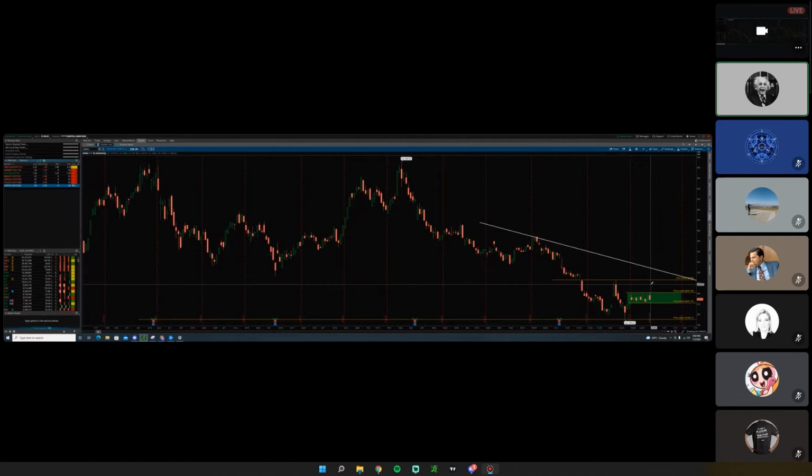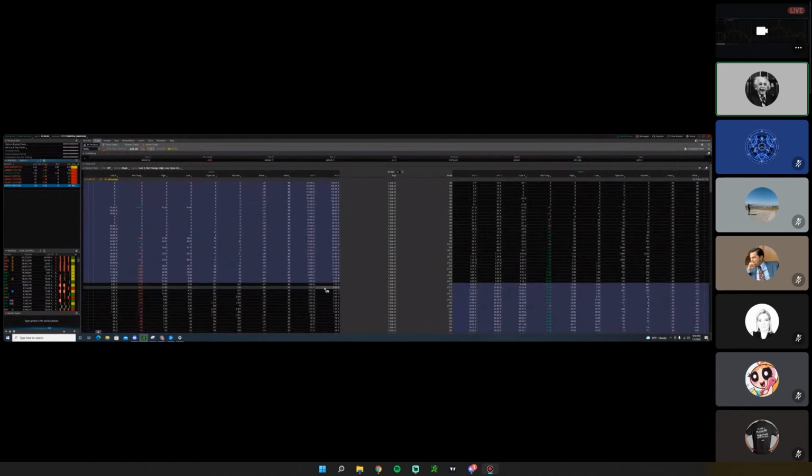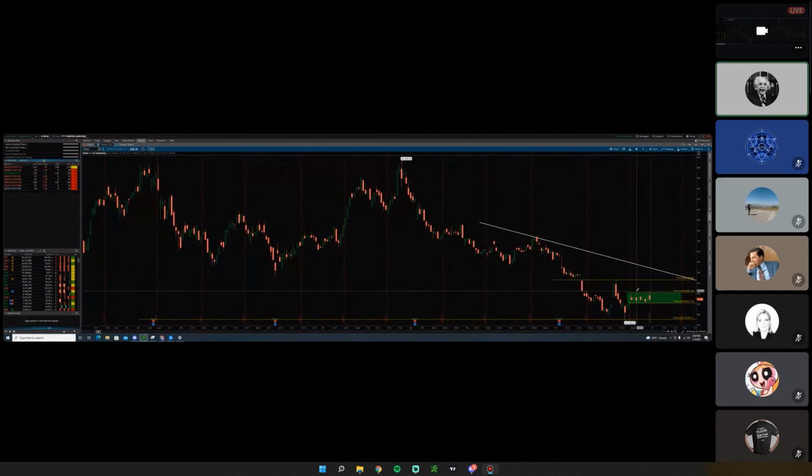But obviously I would not hold it all the way through that. I would take my 250 psychological level, and I don't know how pricey the contracts are on Roku right now. Let's see. So 250s are fairly cheap now, but let's see what it does if it gaps up, or if it breaks this rectangular consolidation here at 241.